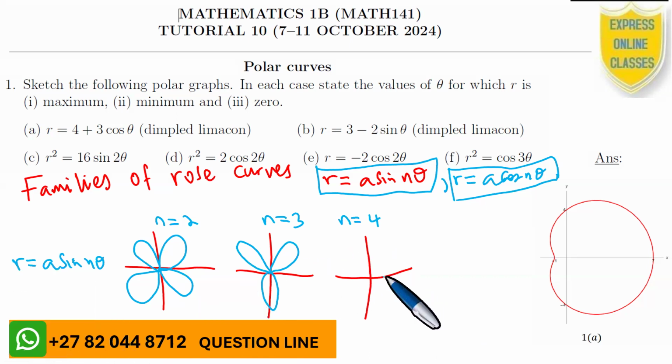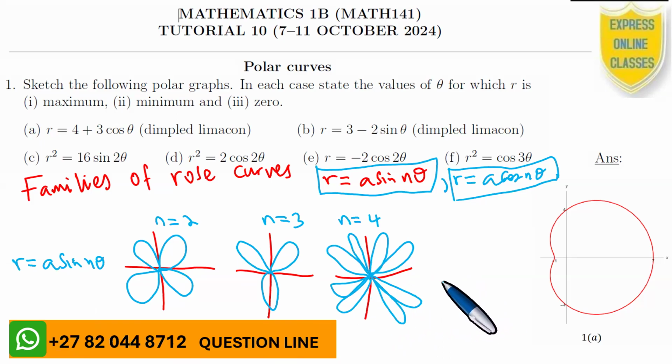So for instance, here we have double roses in each quadrant, like so. I'm trying to cover some theory so that it can be easier to sketch these graphs here.